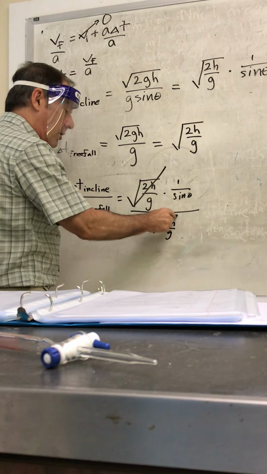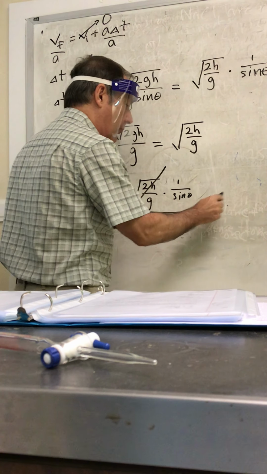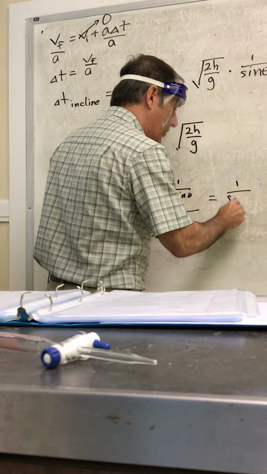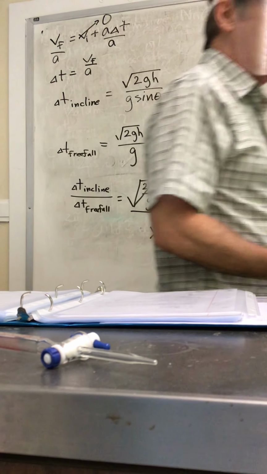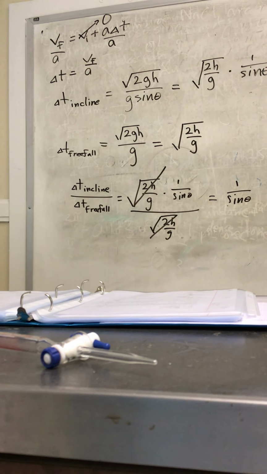You can see that these square root terms cancel, and we are left with 1 over sine theta. So the ratio of the two times is just 1 over sine theta.